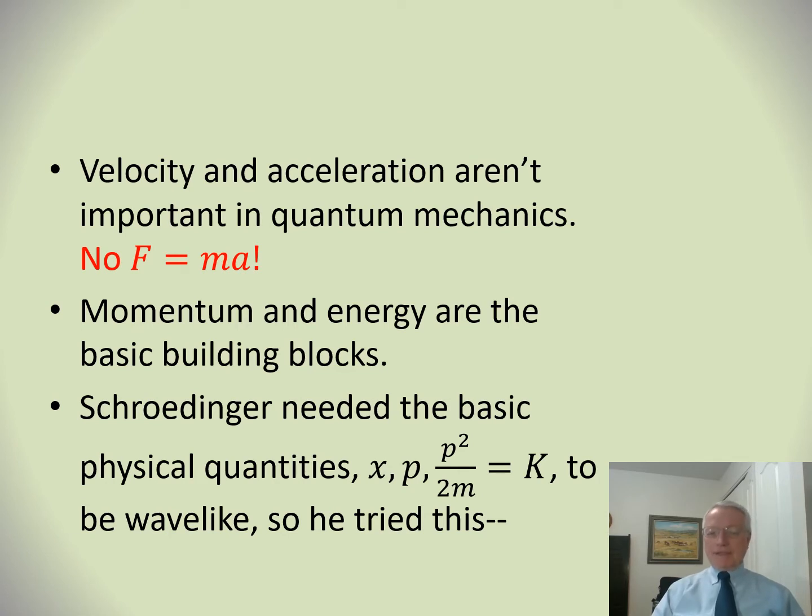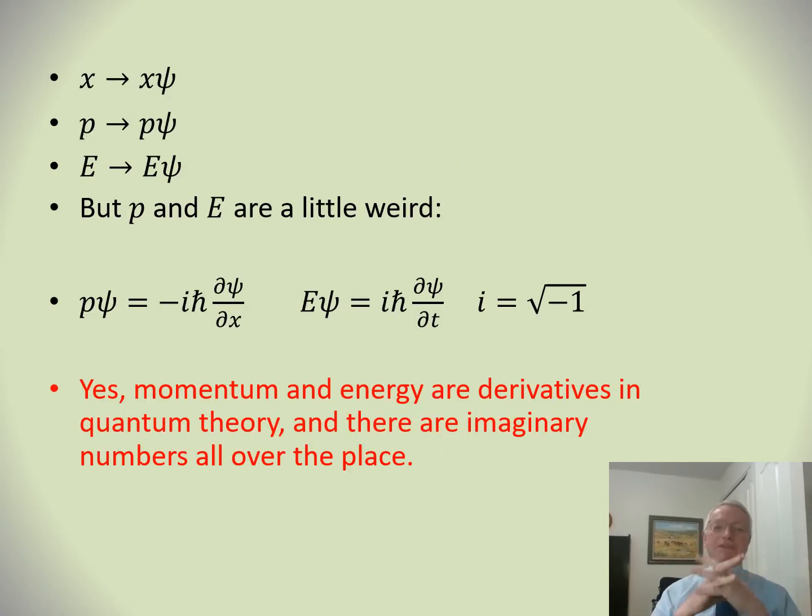Schrödinger, because he was using Hamiltonian dynamics, which is based on energy and momentum, he needed the basic physical quantities x, p squared over 2m, the kinetic energy, he needed them to be wave-like. So he invented this funny wave thing, psi, not knowing what it meant. And he decided to do it this way.